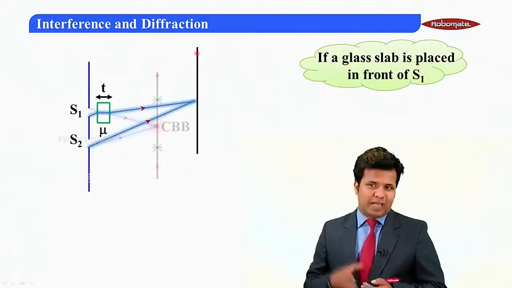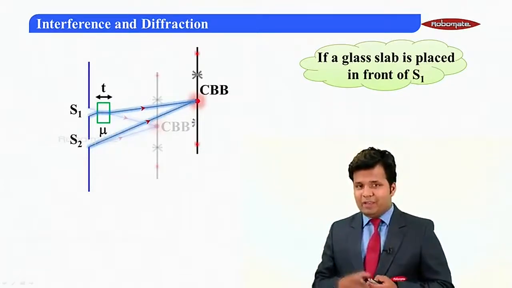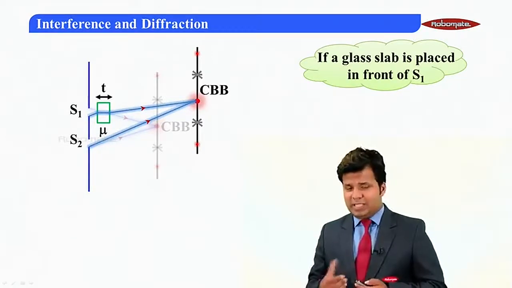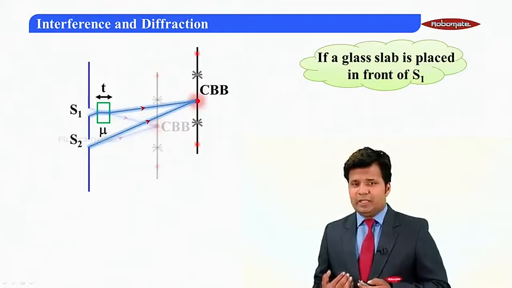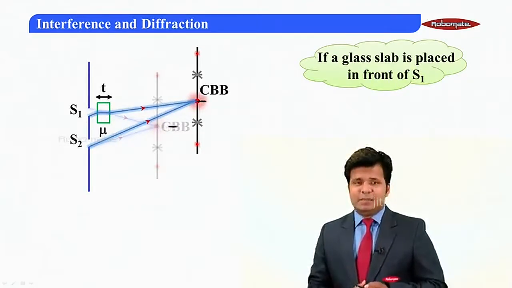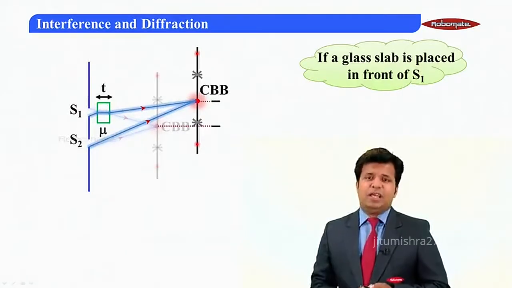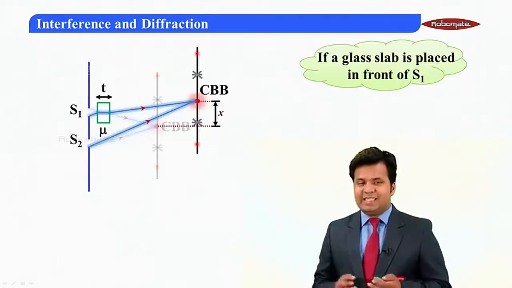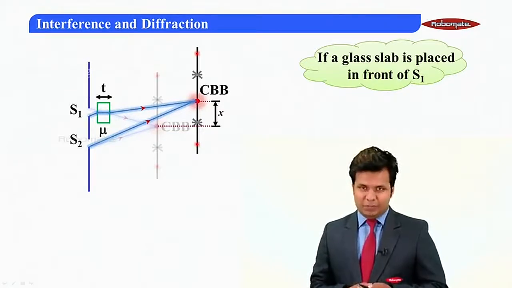The rays would be traveling like this and the pattern would be shown as it is seen above. The CBB previously was beneath, but now it has shifted upwards. So the distance between the new position and the old position is nothing but x, and this x is the shift we are talking about.